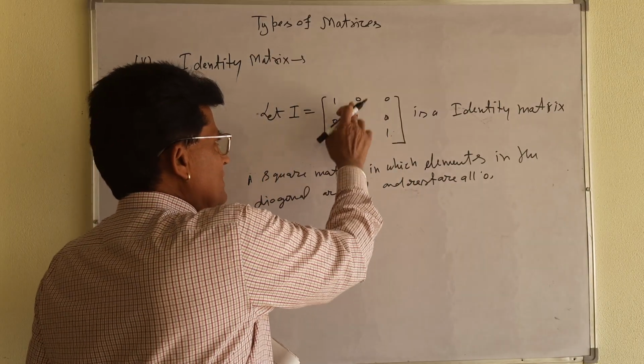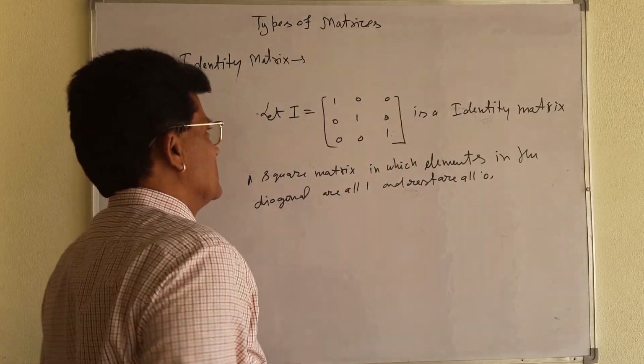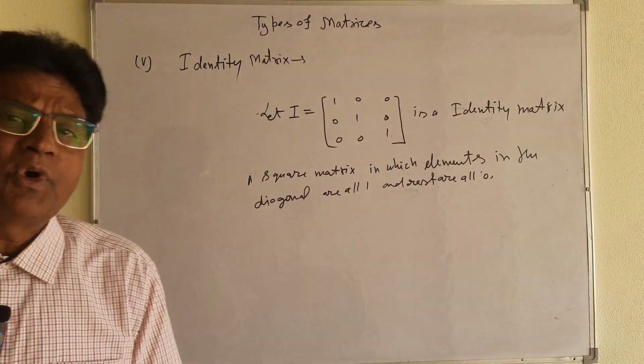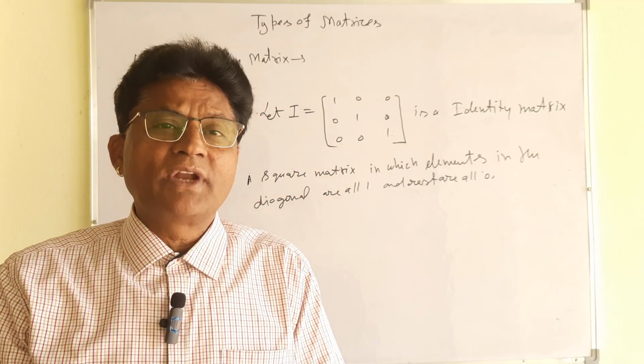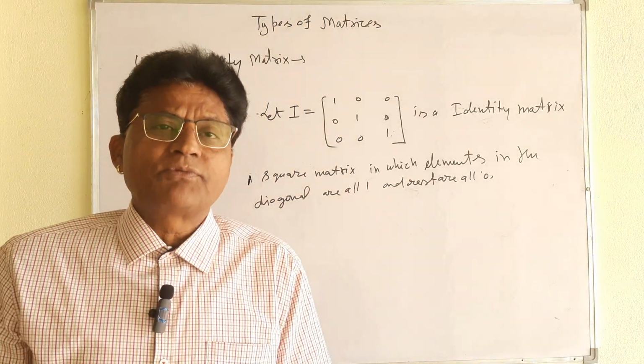Diagonal elements will be 1, rest elements will be 0. That is the identity matrix. Very important kind of matrix. My dear student, these are very important and you must have to keep in mind.